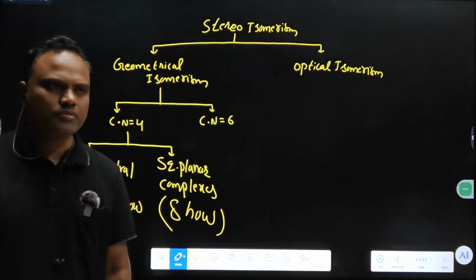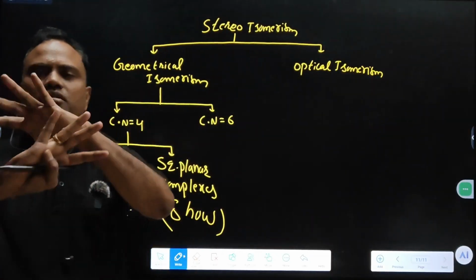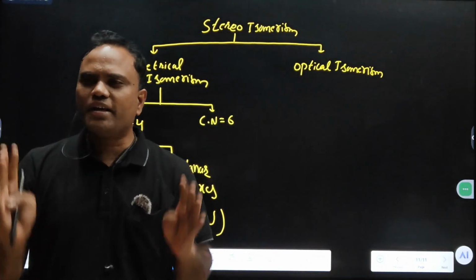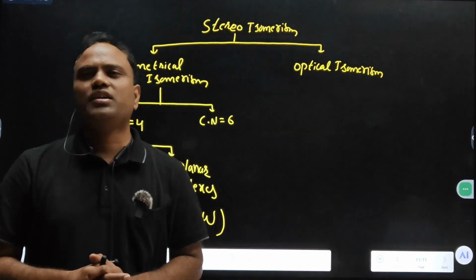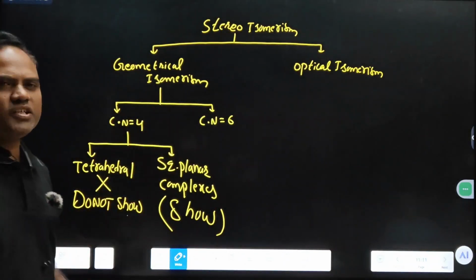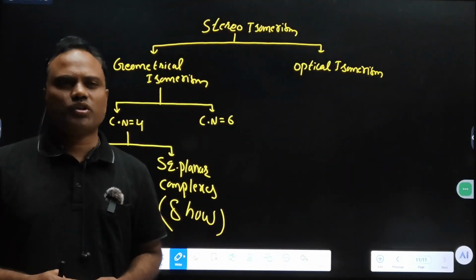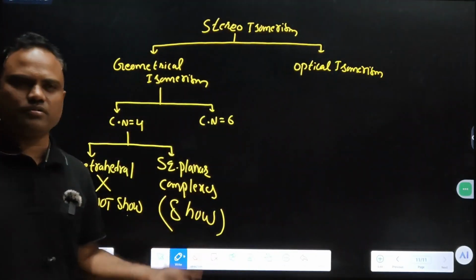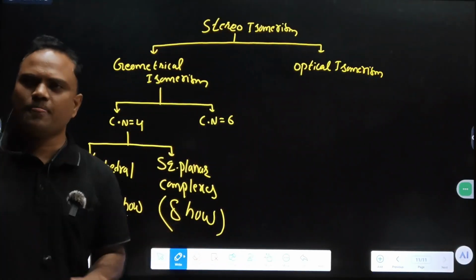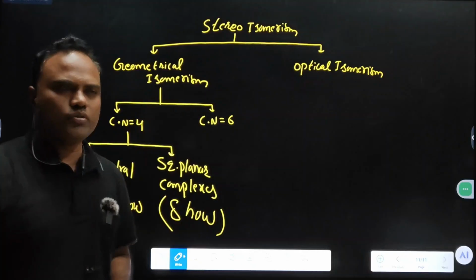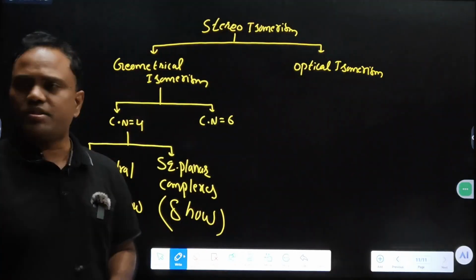Final conclusion: with coordination number 4, which complexes do not exhibit geometrical isomerism? Tetrahedral. Square planar will show. Coordination number 6, all types: octahedral only, and it will show. There is no exception here. With coordination number 6, we have only one geometry, octahedral. I explained in the last class how to find hybridization.